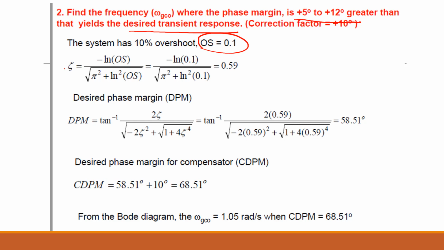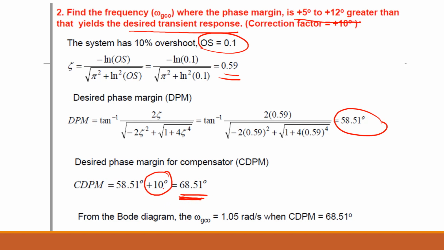You can find the damping ratio from the overshoot, and by applying this formula we get the desired phase margin. For the compensator, we need to add the correction factor of 10%. So this is the final desired phase margin for the compensator.